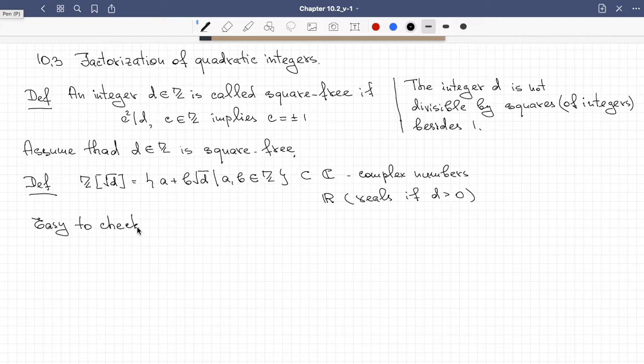If it is immediately obvious, don't waste your time. It is a very easy exercise that this ring is always an integral domain.